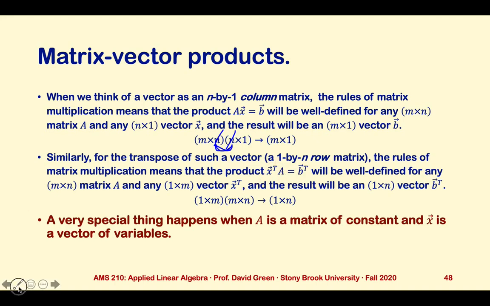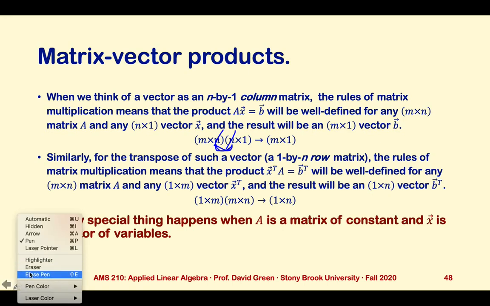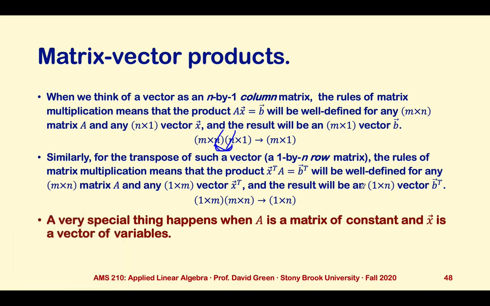In the same way, when we start with a 1 by m vector x and an m by n matrix, inner dimensions match, inner dimensions cancel in the product, they leave us with a 1 by n row vector as an answer.